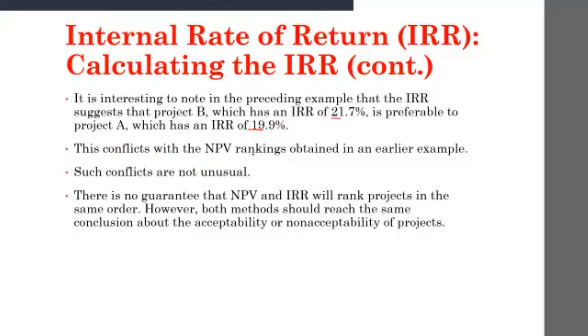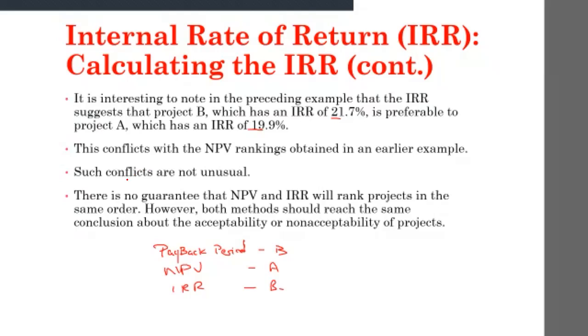This conflicts with the NPV rankings obtained in an earlier example. It's conflicting because for payback period we got project B, NPV we got project A, and now IRR we're getting project B.